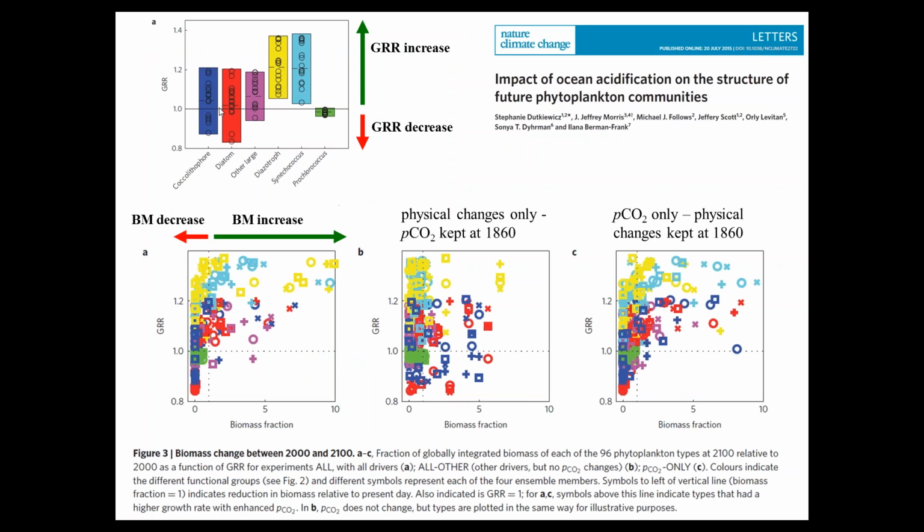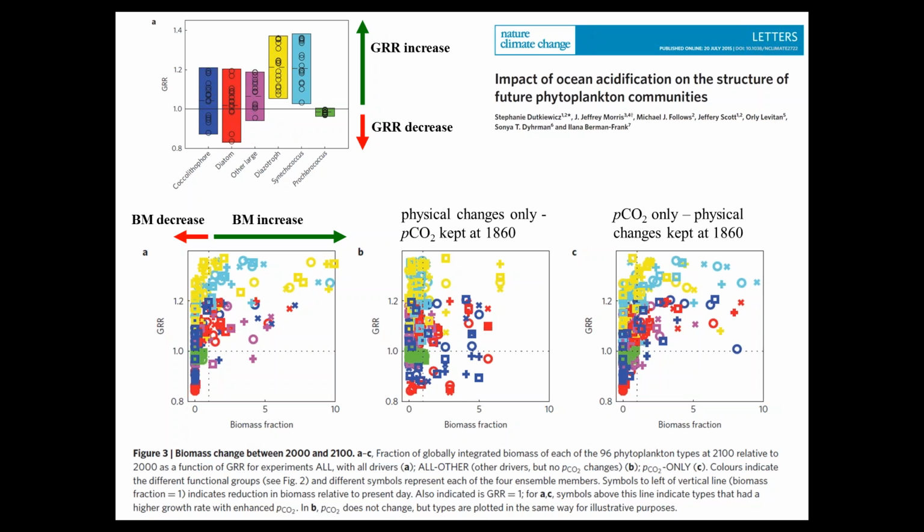What you see here is the same sort of summary where you see these different functional groups. We've got coccolithophorids, diatoms, and different cyanobacteria groups in regard to their growth rate response. The colors up here in this figure correspond to the colors that are maintained in these graphs down here. What you see down here is the models being run under different scenarios.